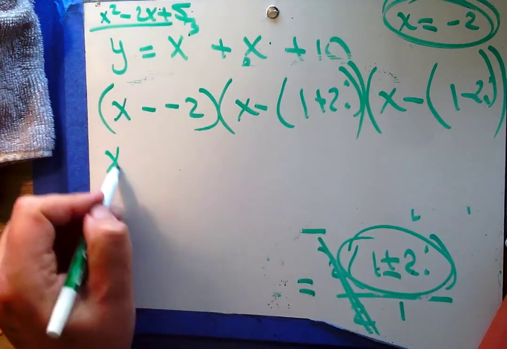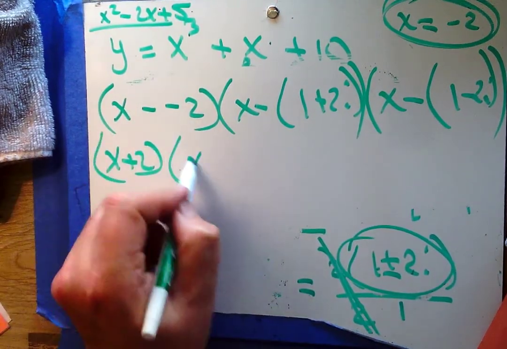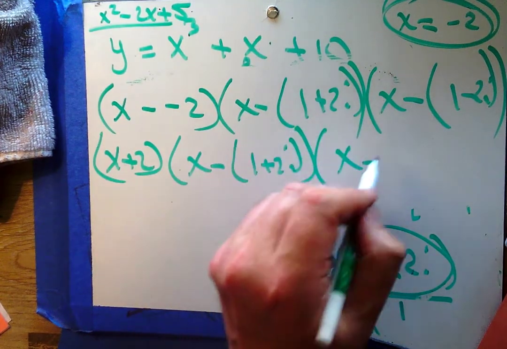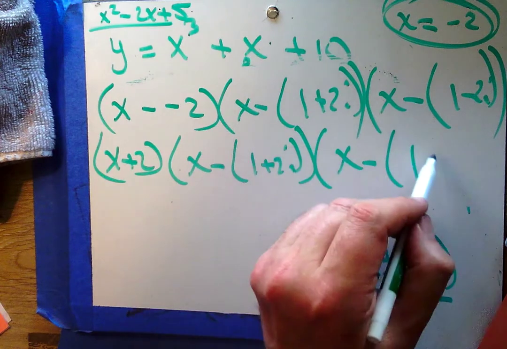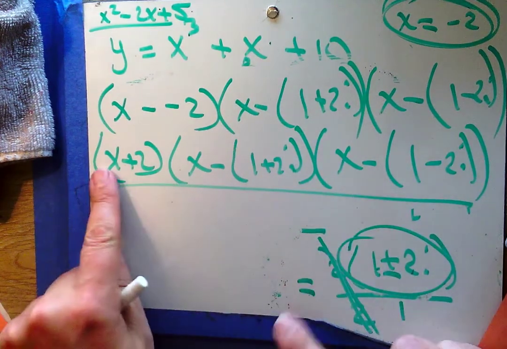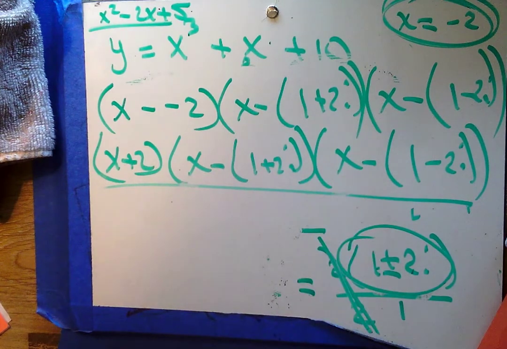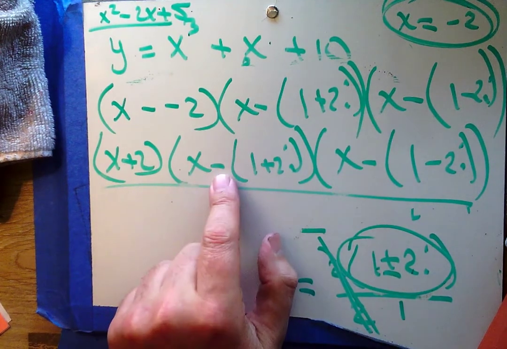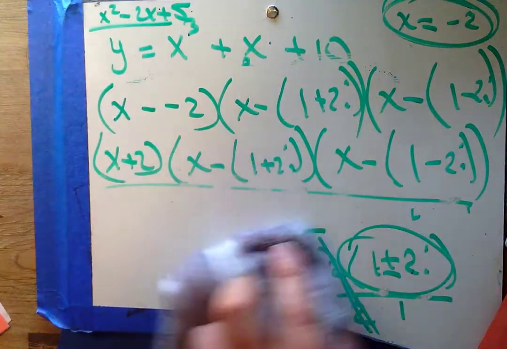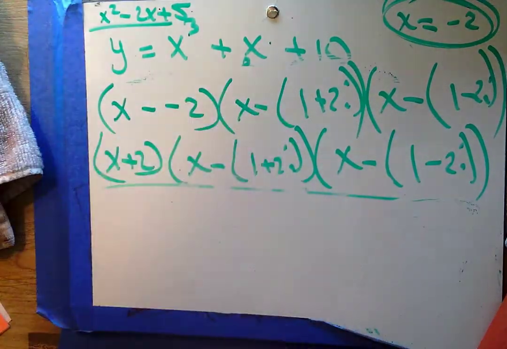So x plus 2, x minus 1 plus 2i, x minus 1 minus 2i. And there's my factored form. All of these are x to the first, so I have linear factors. You know, there are some teachers who will want you to distribute that. I don't need you to do that. I think this is plenty of work.